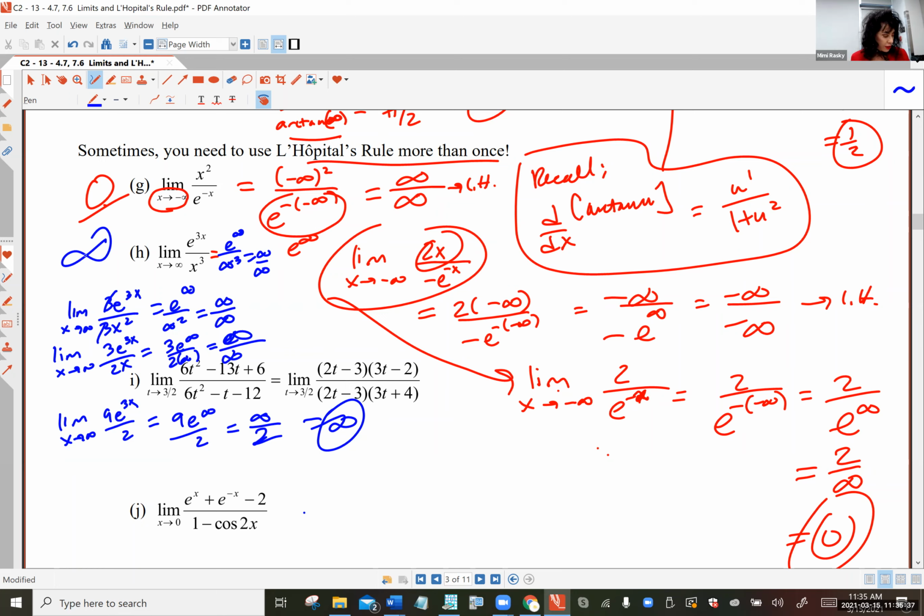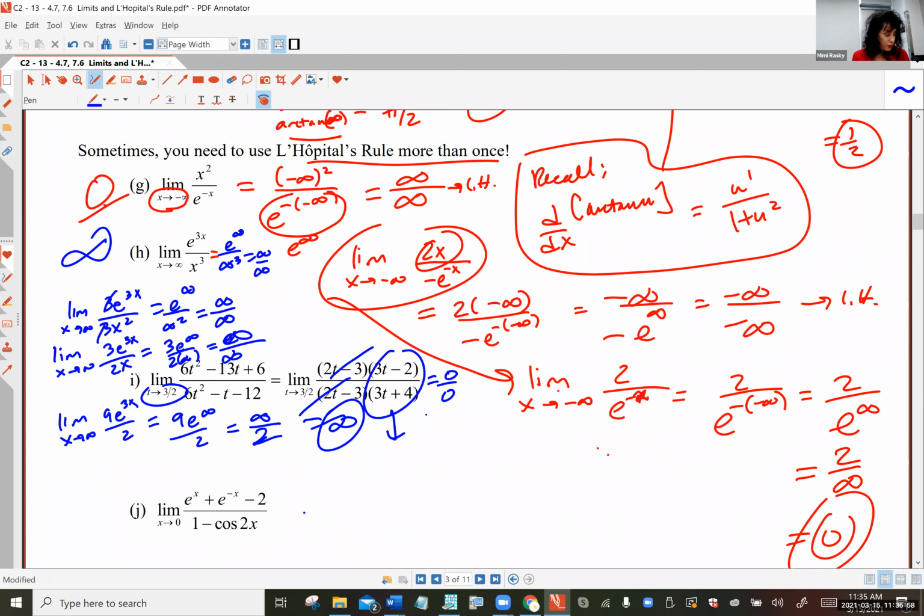Okay, letter I, you're approaching 3/2. If you do substitute 3/2, you'll get 0 over 0. In your Calc 1 class, since you weren't allowed to use L'Hopital's, or I don't allow it, I would say, well, factor and reduce and then hope it could work out. And it turns out this does factor, so you could reduce.